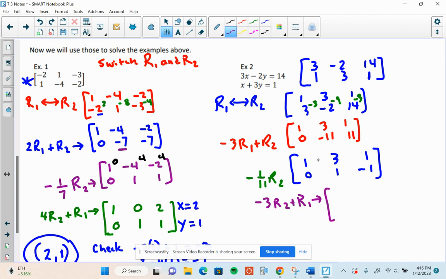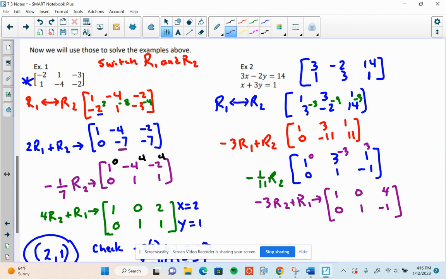So we're going to do negative 3 times 0, negative 3 times 1, negative 3 times negative 1, and add those up. Notice how the 0 that I'm adding to the 1 didn't change it. I still have my 1. So the top row is 1, 0, 4. And the bottom row is 0, 1, negative 1.